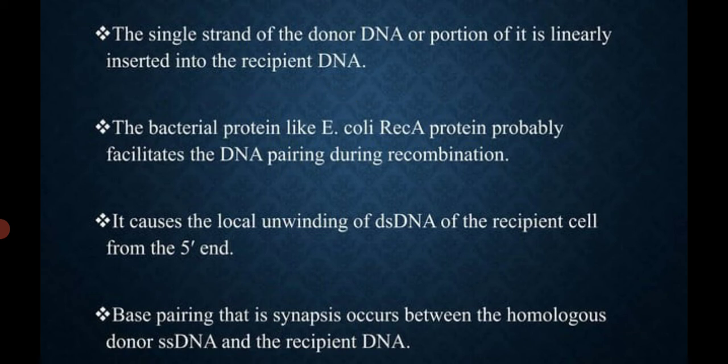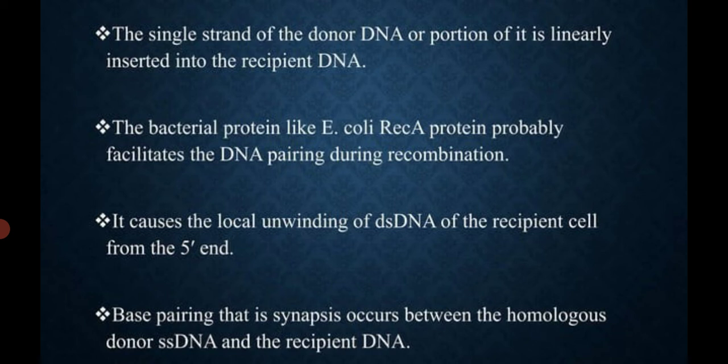that is integration. Then the recipient bacterial protein like RecA, for example in E. coli, facilitates DNA pairing during recombination, and this protein RecA causes local unwinding of the double stranded DNA of the recipient cell from the 5' end.